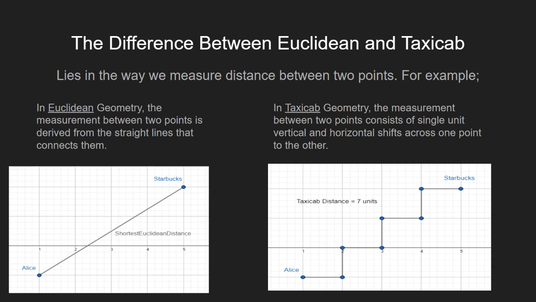But in taxicab geometry, the measurement between the two points consists of single unit vertical and horizontal shifts until we get to that one point. So we're going to keep moving horizontal, vertical, just keep going until we hit what we want to hit. And the main note is that taxicab geometry does not go diagonal.